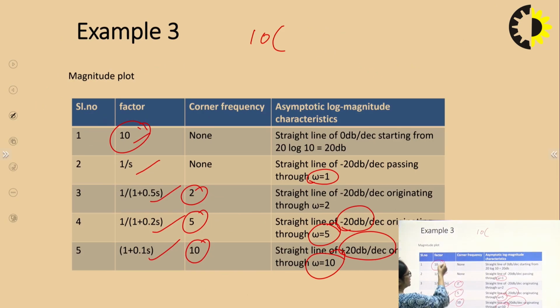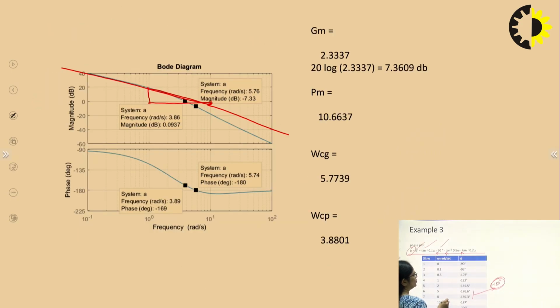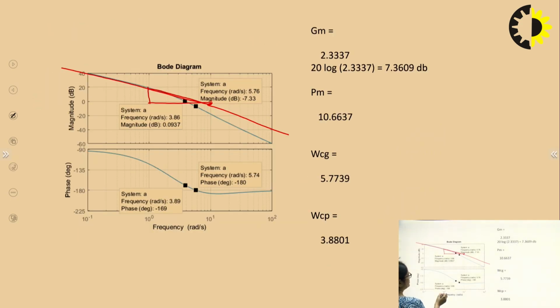I have taken care of these two things by marking 10 and this minus 20 dB per decade slope. My first corner frequency is at 2. This is the mark 2. The slope will change at 2.